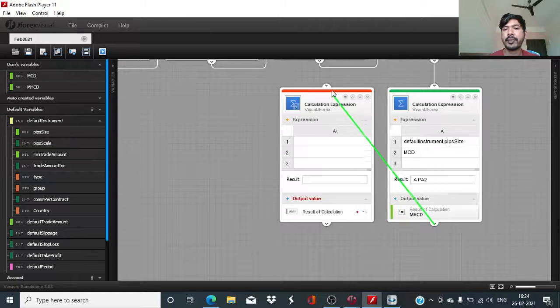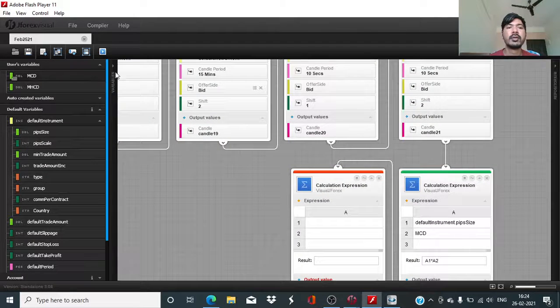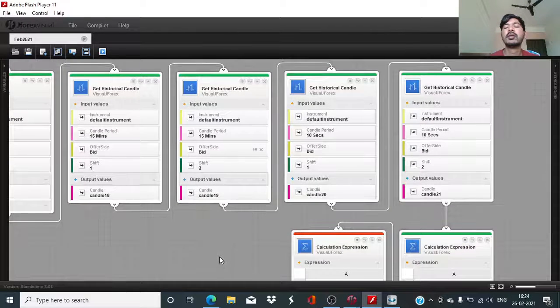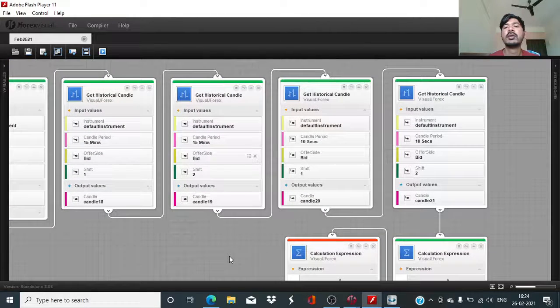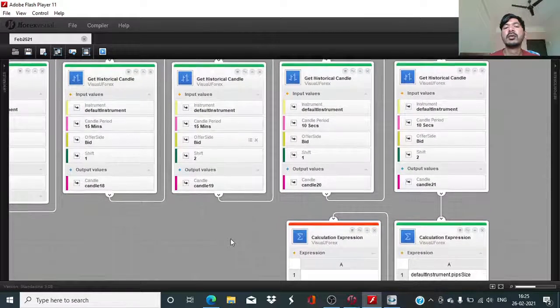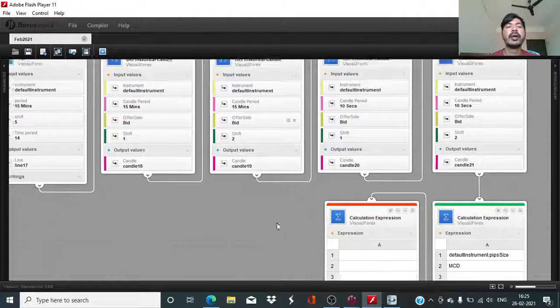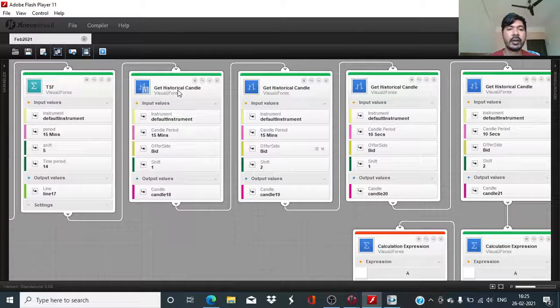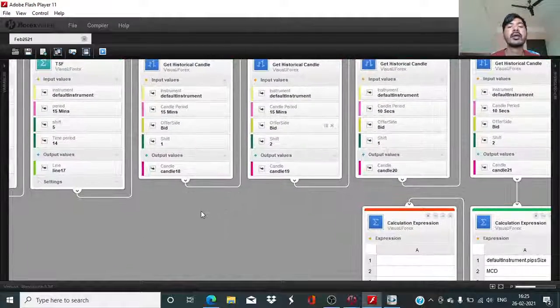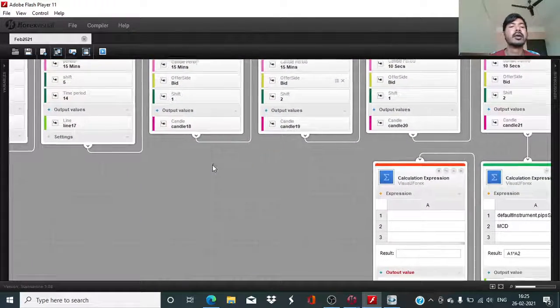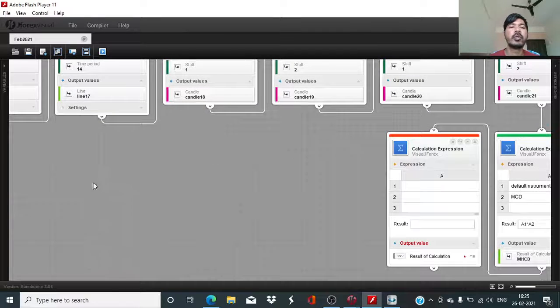For that I will have to take the historical candle values of candle 18, its closing price should be higher than the opening price by at least 3 pips.